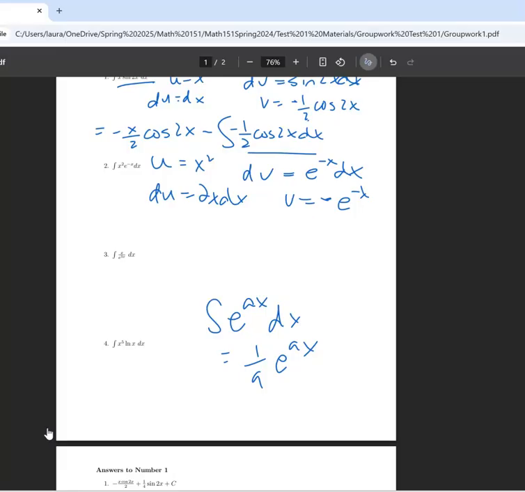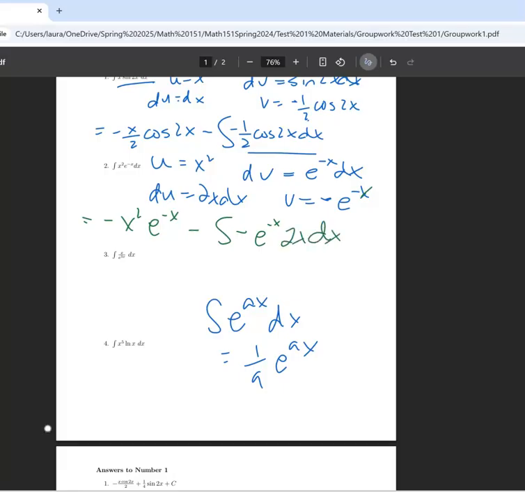All right, so let's plug it all in. So uv, negative x squared e to the negative x, sorry, it's kind of messy, minus the integral of v du, negative e to the negative x, 2x dx.